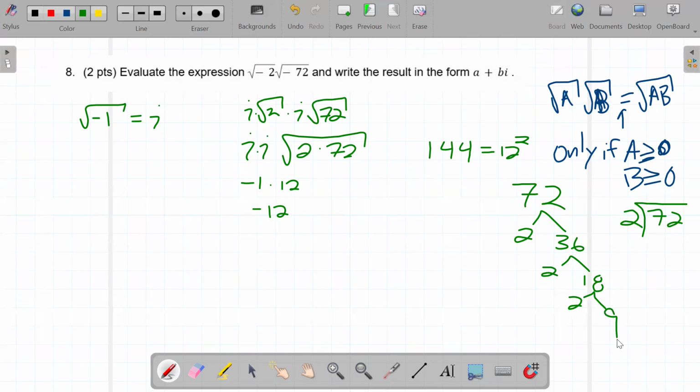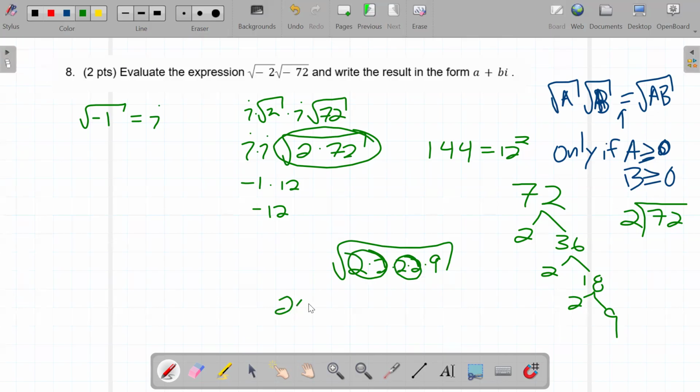Okay, so I have that 2 out there, and then a bunch more 2s and a 9. So I'm going to get a 2 out, a 2 out, and that pops a 3 out. So I get 2 times 2 times 3. Yep, that's 12. So now I'm confident with my -12.